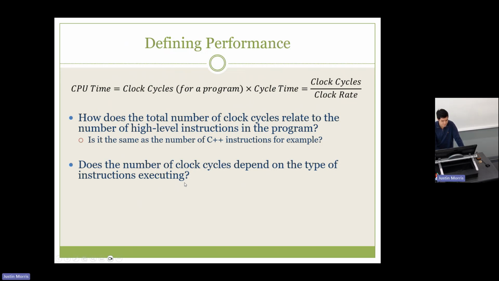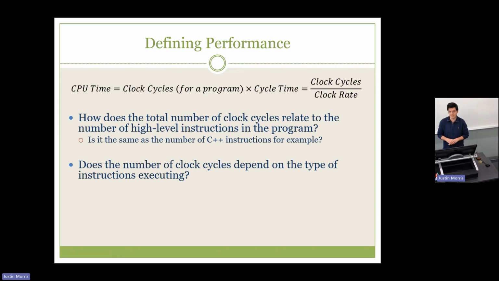Because you could have, say, floating point instructions, right? A floating point instruction might take multiple cycles, whereas a fixed point instruction may take just one cycle. And then the other thing that can happen is if you have a load or a store, that's accessing memory. Memory is on the order of 100 to 150 times slower than the CPU.